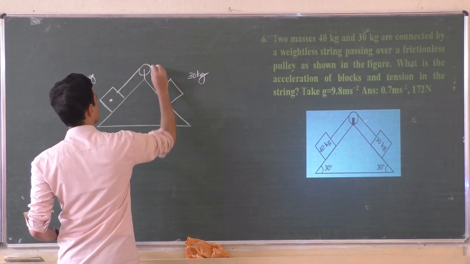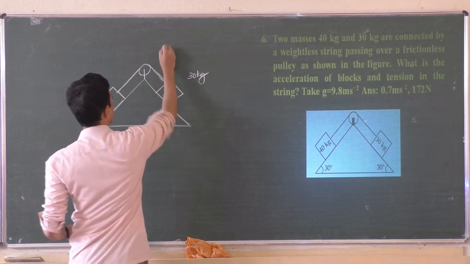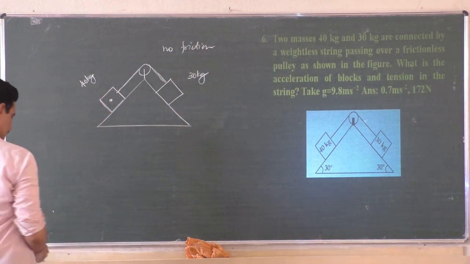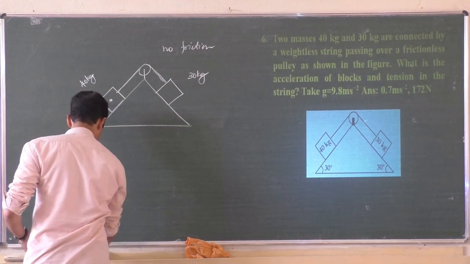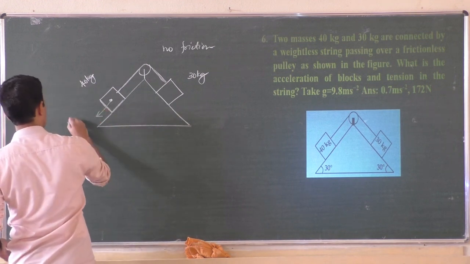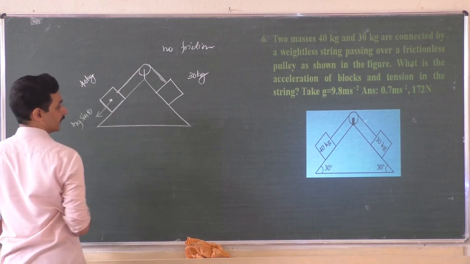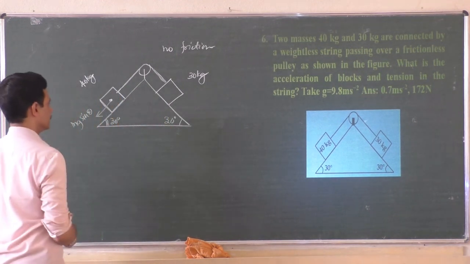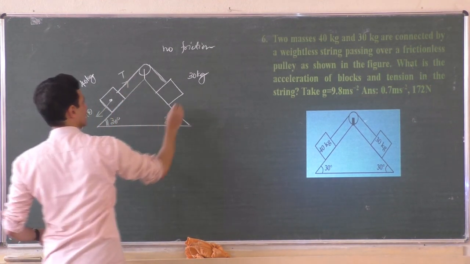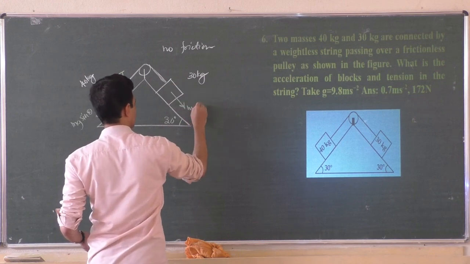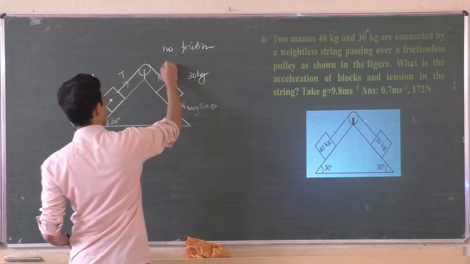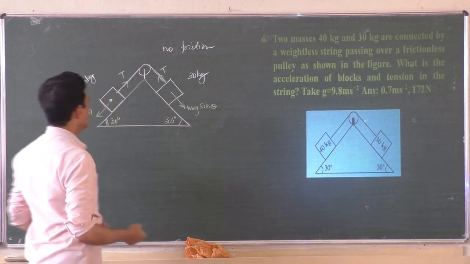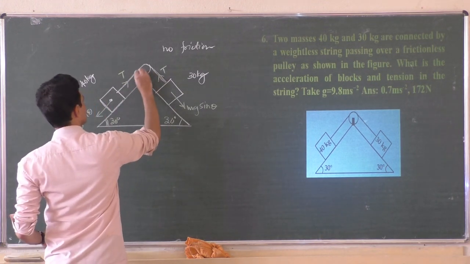So we have to take this as a smooth inclined surface, no friction. Now what are the forces acting on this? We have to see who goes which way. So the force acting on this is mg sin theta. What are the angles? 30 degrees, 30 degrees, and there is a tension. This mg sin theta is acting downwards. As mg sin theta pulls it, there is a reaction force on that thread.